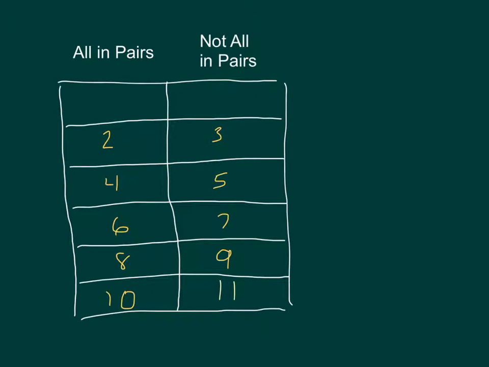I'm going to fill that into my table. I said 0 would be an even number, or a number that came in pairs, and I know that because it comes in front of 1, which is an odd number, or a number that is not all in pairs.